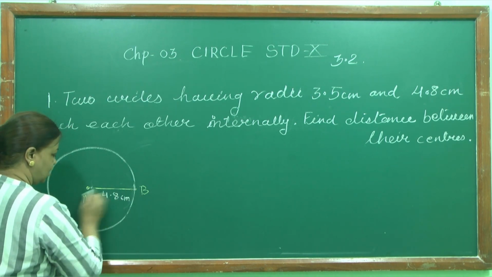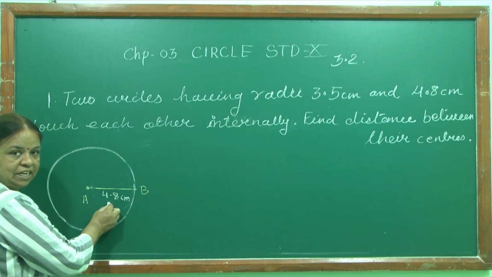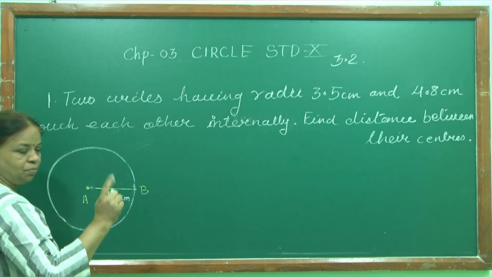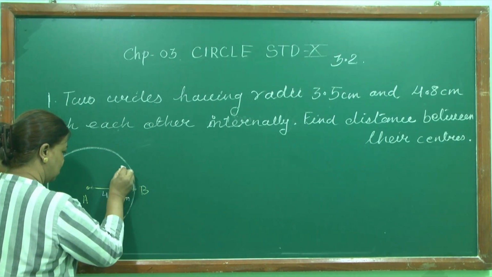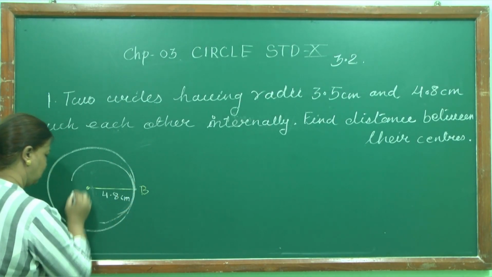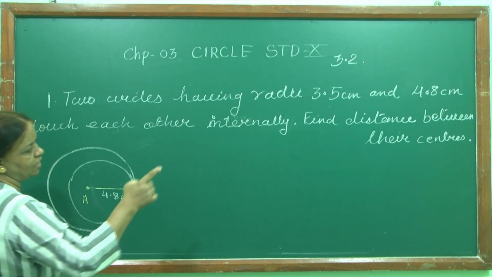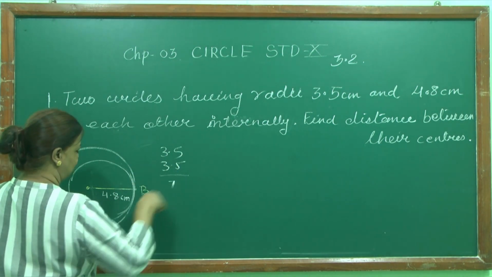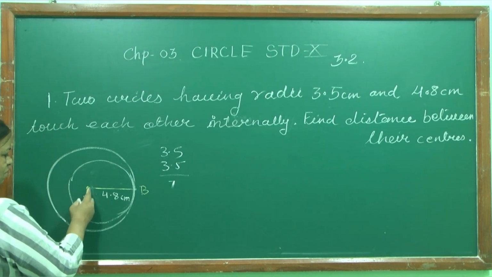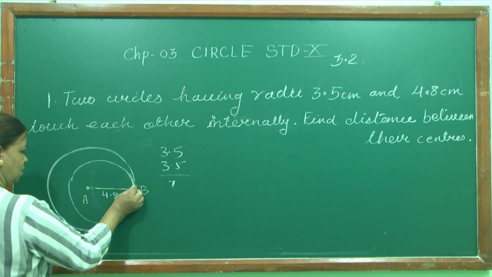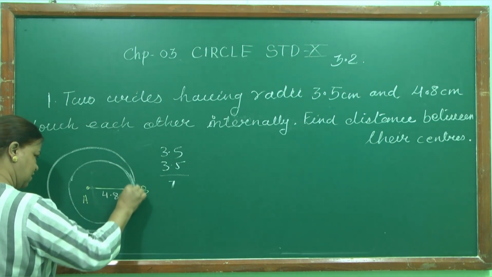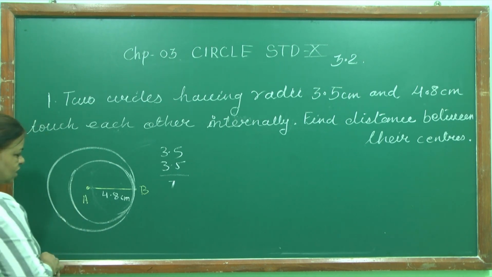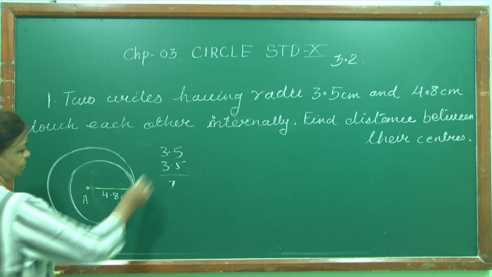So this is the bigger circle which has radius 4.8 centimeter, children. Now I'll be drawing a circle which has radius of 3.5 centimeter. Suppose I am drawing a smaller one on the center. The diameter would be 3.5 plus 3.5, that would be 7 centimeter. So 7 would be more than 4.8. Therefore I am drawing like this. So the smaller circle has the radius 3.5.